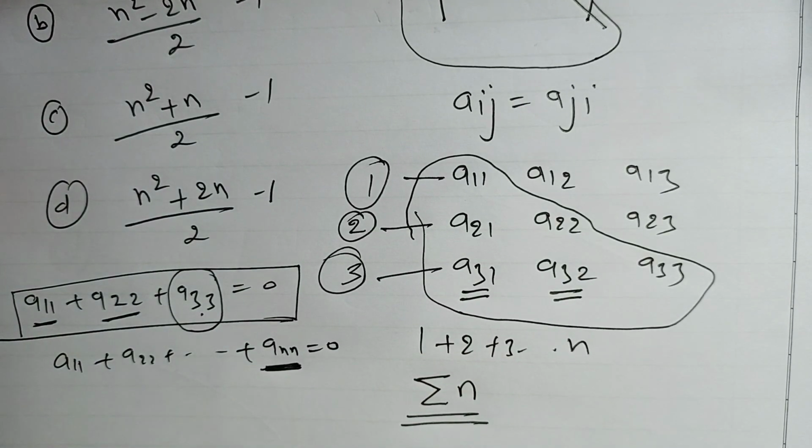Okay, so in the symmetric matrix we have n(n+1)/2 free variables. With trace 0, the trace is giving one dependent variable.